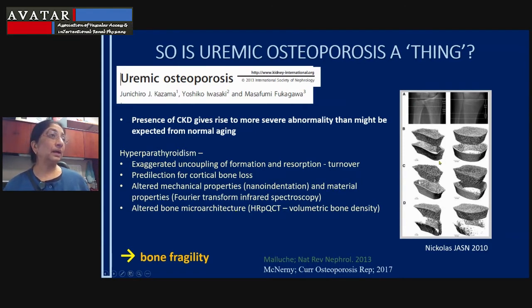And indeed, we are able to see in this figure the changes in microarchitecture that are demonstrated on an HR-pQCT, the first one being from a normal individual, the second from a person with advanced CKD and associated bone disease, and the third from a patient with advanced CKD and fractures. In the last instance, we are able to see considerable deterioration of both trabecular and cortical microarchitecture, showing the increased predilection for fractures.